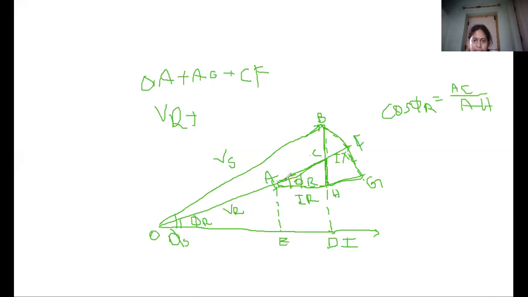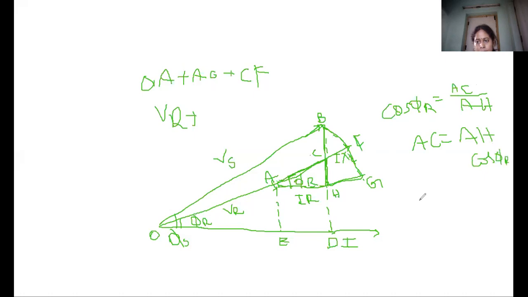See here in the side view, this is the adjacent side, and this is the hypotenuse. AC equal to AH into cos phi r.